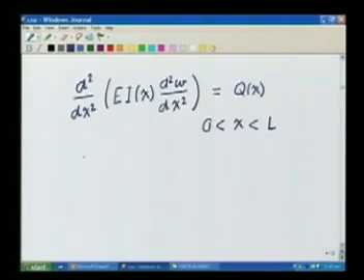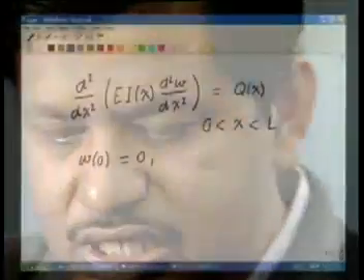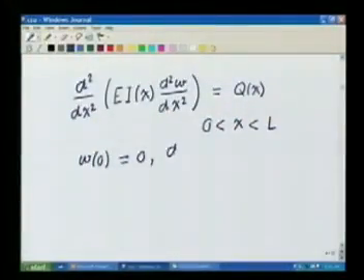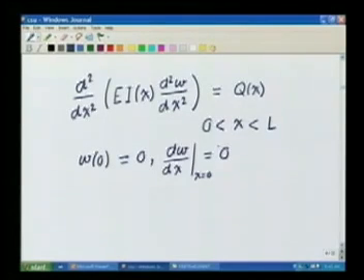Now let us look at the boundary conditions. In this case, the boundary conditions are W at 0 equal to 0, because I fixed the beam at 0. Further, because it's a cantilever beam, the rotation at the point 0 is also set to 0.